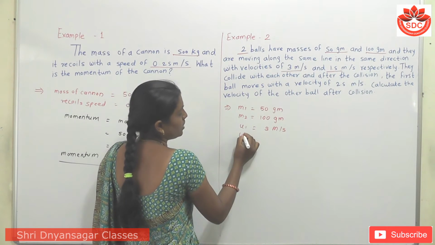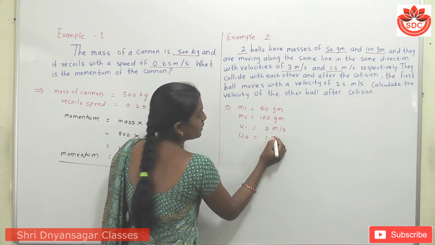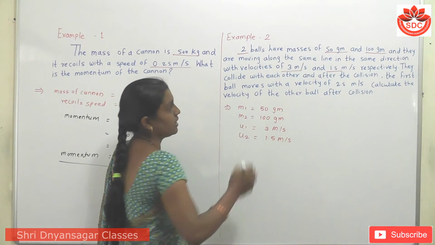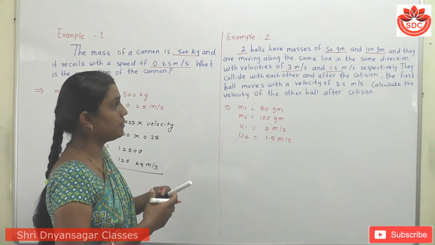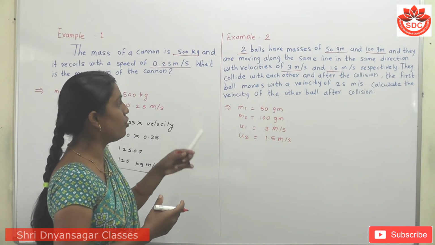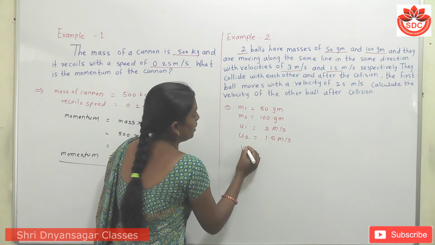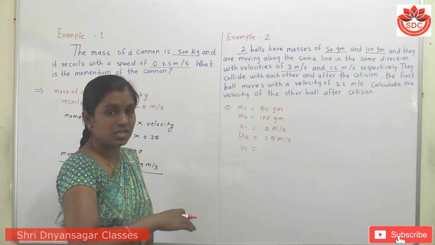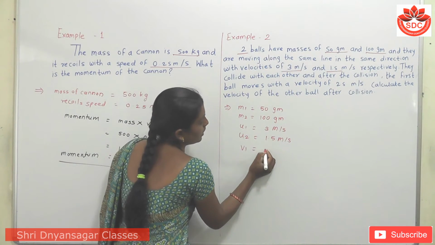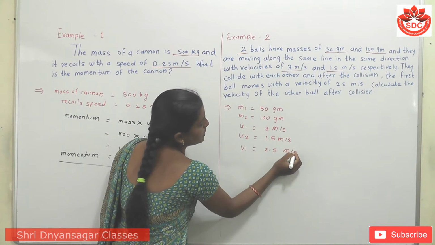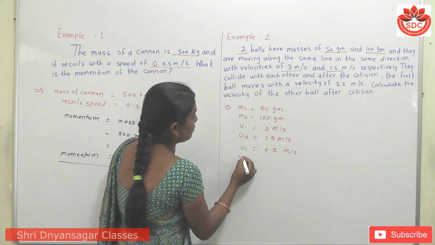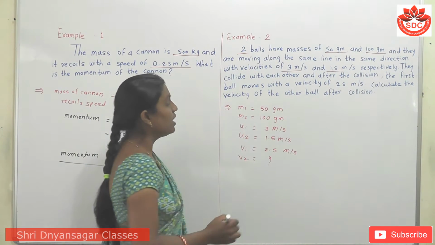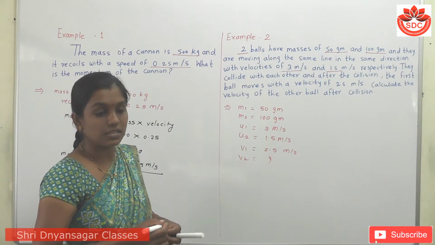Then the initial velocity of the second ball, that is 1.5 meters per second. After colliding, the velocity of the first ball changes, v1 is equal to 2.5 meters per second, and we have to calculate the velocity of the other ball.